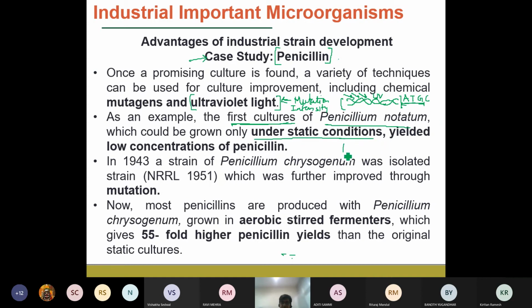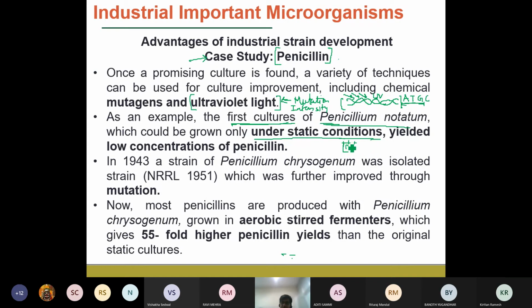And in the fermenter system, you know that if you are going to design a fermenter, it is not a static condition. All the growth media components are continually mixed by the agitator, so that we have improved heat and mass transfer and mixing of these microorganisms with the growth media components. But the earlier wild strain could only grow under static conditions.